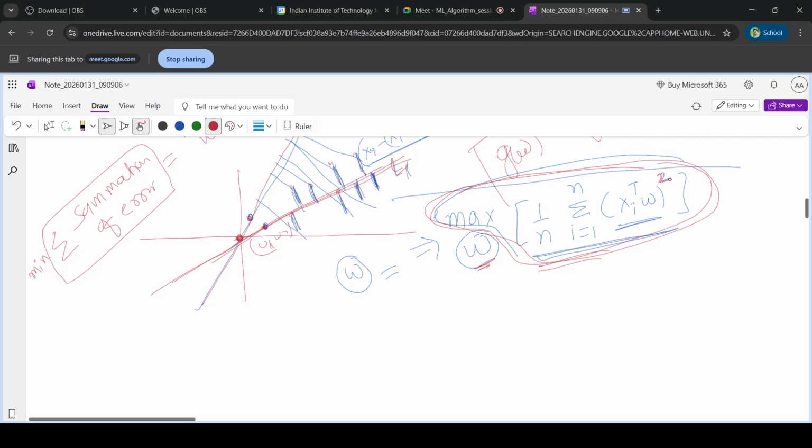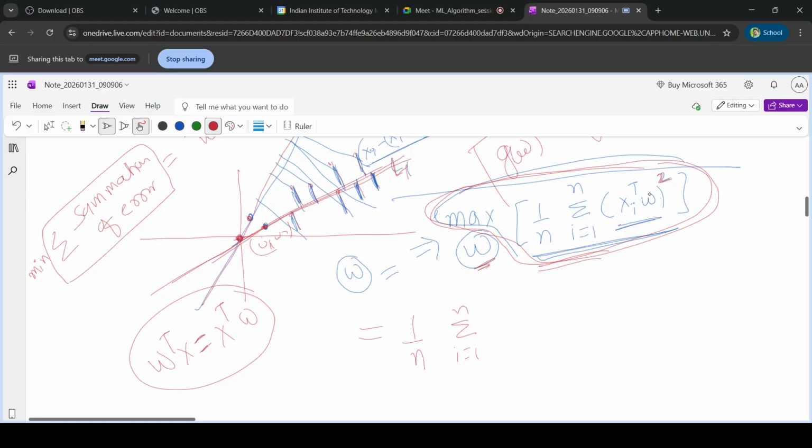If you don't want to use the square, we can go to the next line and solve it, because this is a square. W transpose X is the same as X transpose W. You can solve it, maybe you can find the solution, but W transpose X is the same as X transpose W.